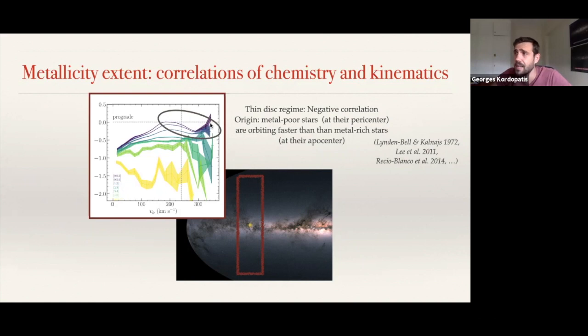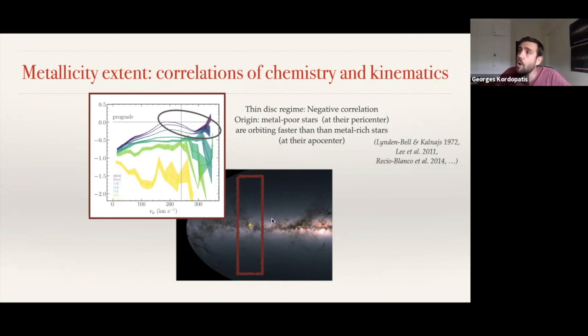It is due to the velocity dispersion of the stars combined with the metallicity gradient in the disk. The metal-poor stars belonging to the outer disk are entering your volume at their pericenter, and therefore they are going faster than the local standard of rest. Those are those stars here.